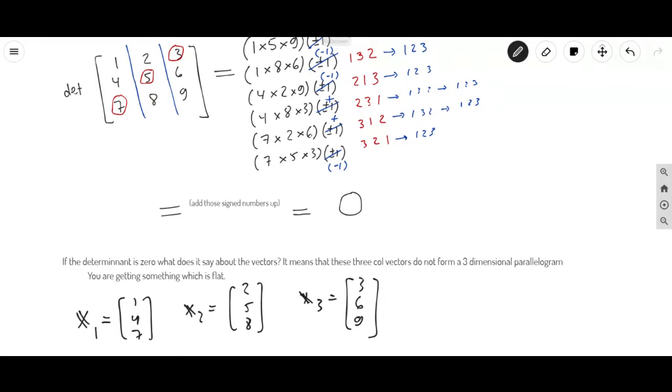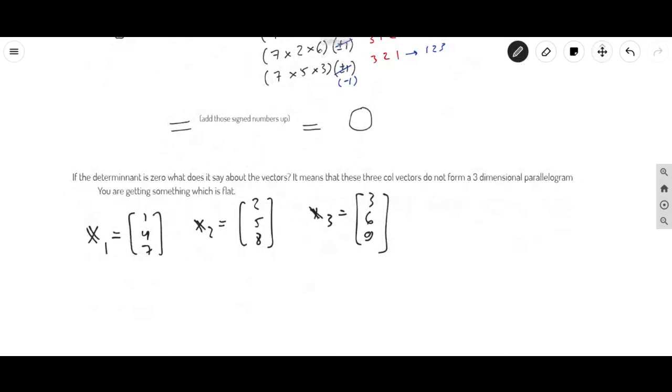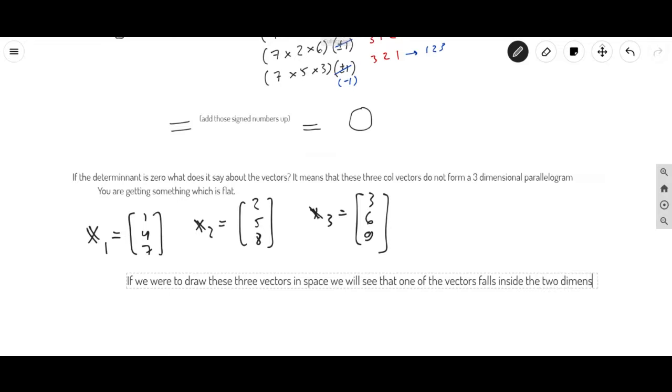If we were to draw these three vectors in space, we will see that one of the vectors falls inside the two-dimensional plane, the two-dimensional parallelogram, which is determined by the first two.